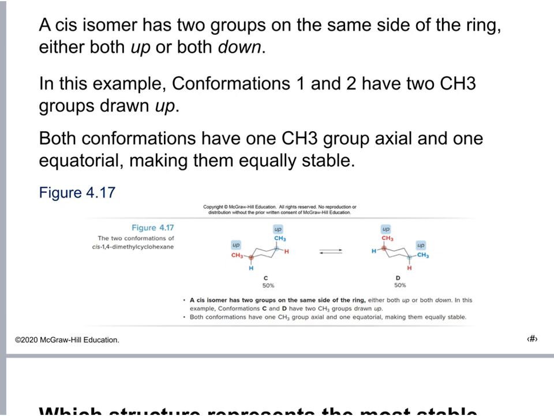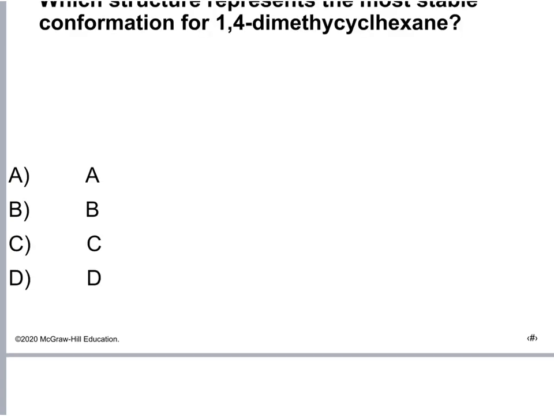And in this case, they're going to be 50-50, because when you do the ring flip, this up stays up, but this is equatorial up and this is axial up, and this is axial up and this becomes equatorial up. But you have one axial, one equatorial, one axial, one equatorial. So there's going to be 50-50%.